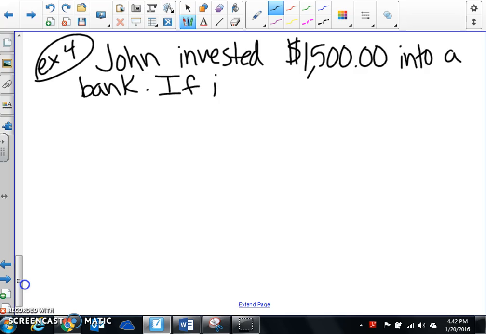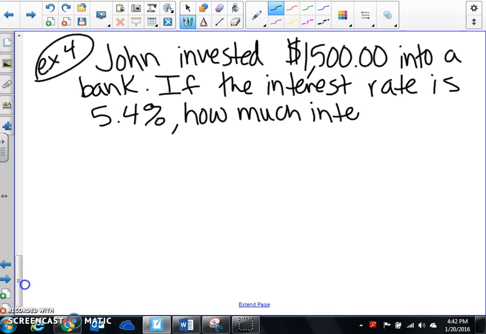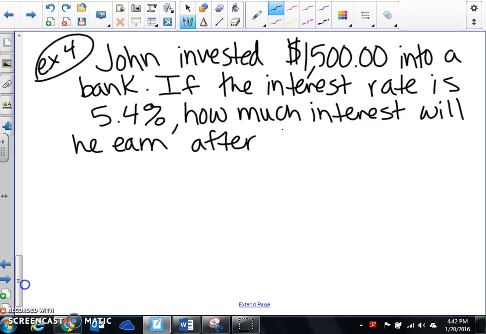If the interest rate is 5.4%, how much interest will he earn after 6 years?